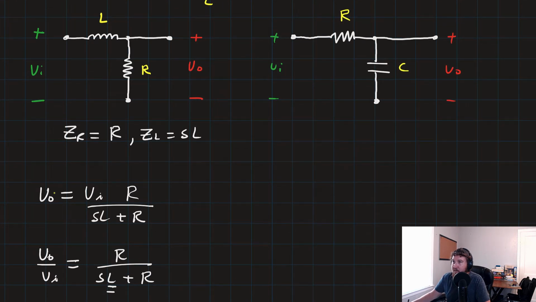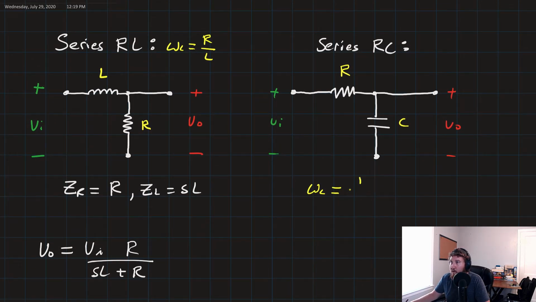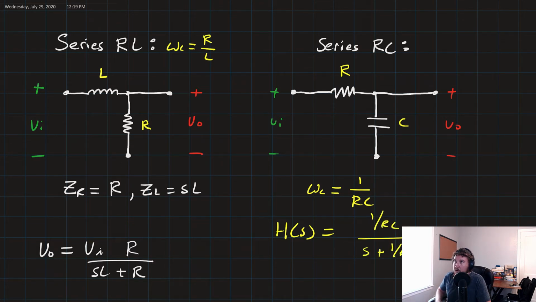Now, I'll skip over the derivation, but the gist here is that our cutoff frequency, omega c, is equal to 1 over RC. So that transfer function, H of S, just looks like this, 1 over RC over S plus 1 over RC.